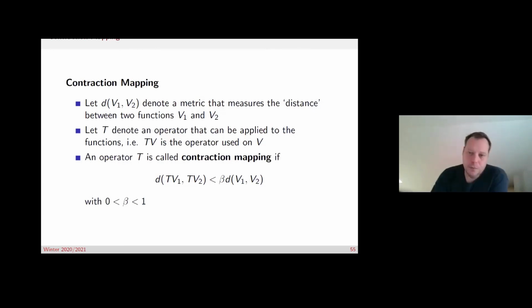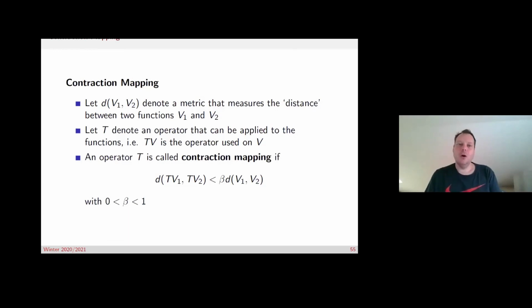Okay, so suppose you have 2 functions, v1 and v2. Okay, any function, and you denote by d the distance between those 2 functions, whatever this distance might be.